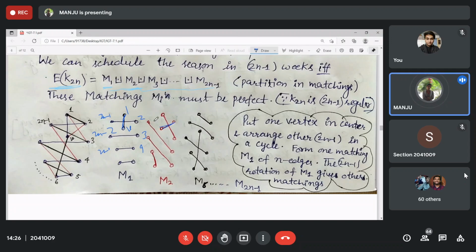That is, this was your V. This is your second vertex, first vertex, third vertex, fourth, fifth, sixth, and this is your 2n minus 1. Okay, this is your 2n minus 2, and this is your 2n minus 3. Right? So this got set to this one. Then there will be rotation for this edge as well, right? Rotated by one edge. So this to this one, then this to this one, this to this one, this to this one, this to this one. Clear?